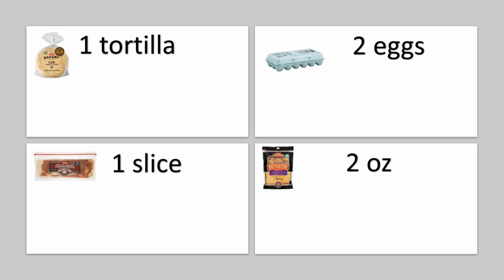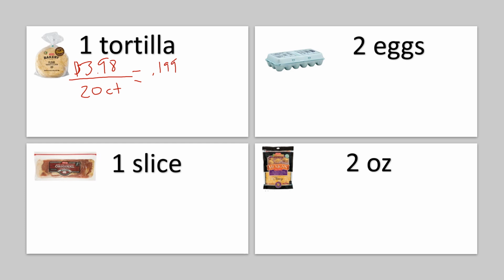If you recall from the previous slide, our tortillas cost $3.98 per, remember that word per, 20 count. So we take that $3.98, we divide it by 20, and we get 0.199.